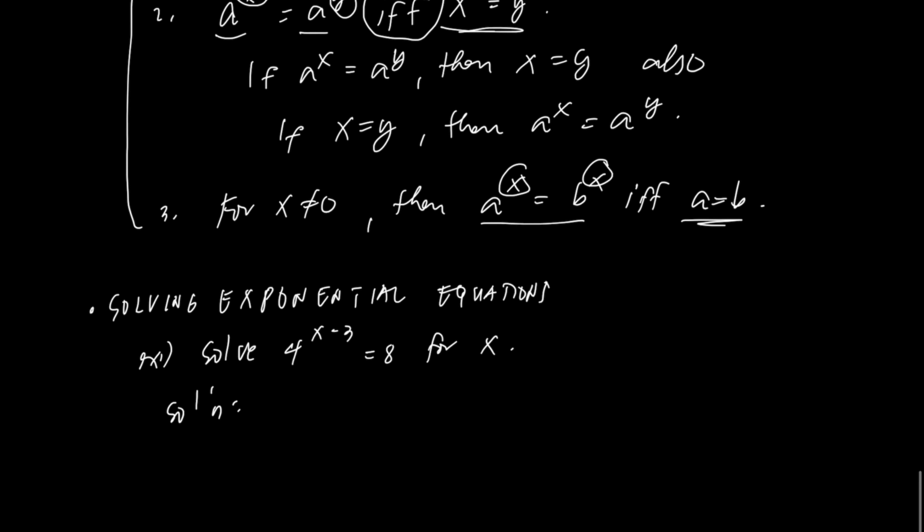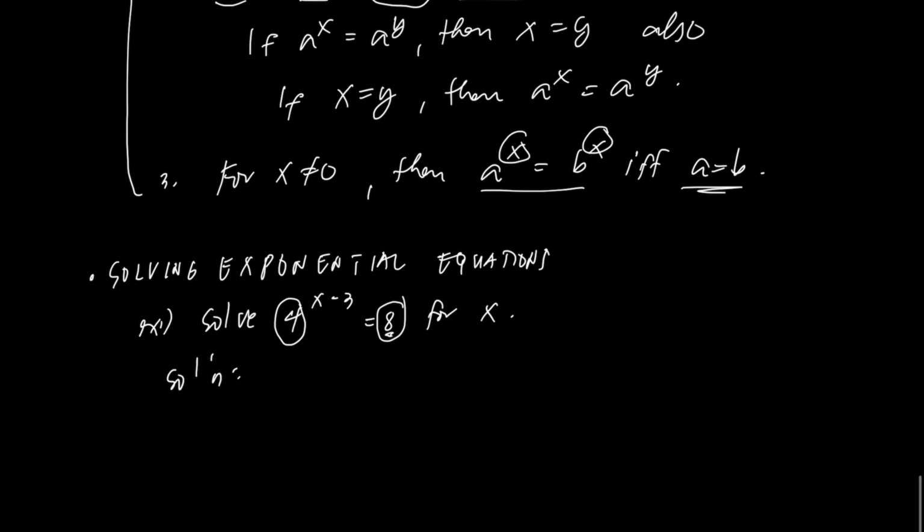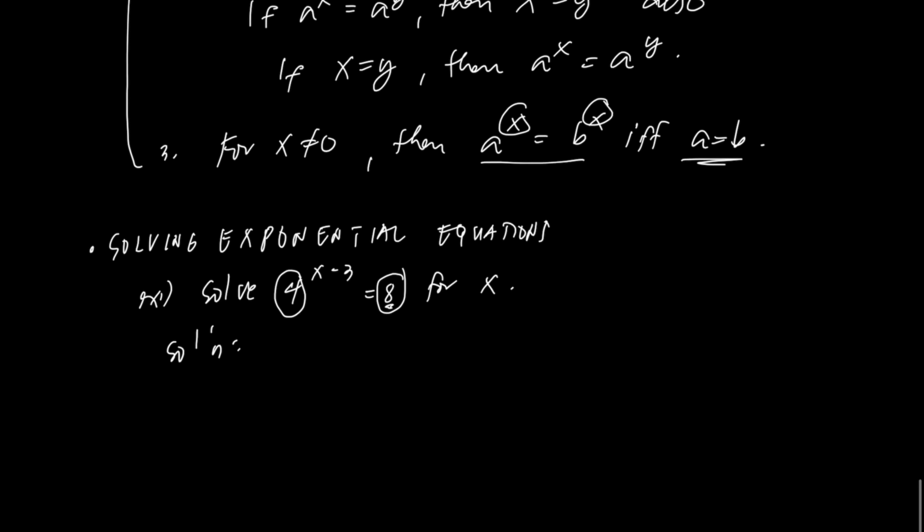In this case, it is hard to find an exponent of this expression where the exponent is x minus 3, then the equivalent is 8. But we can find ways in creating the same base for 4 and 8 but different exponents.